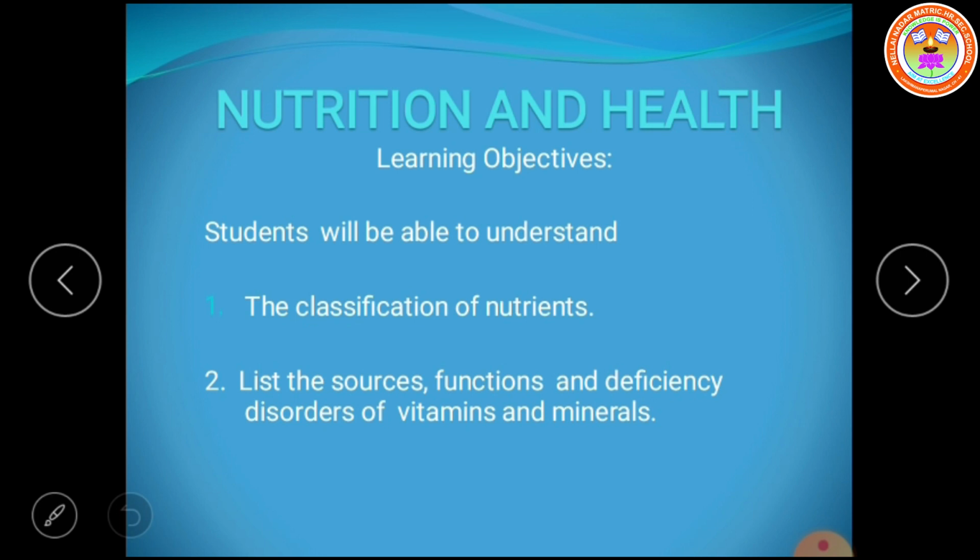Today, unit number 21 in biology, we are going to look at nutrition and health. What is the learning objective?